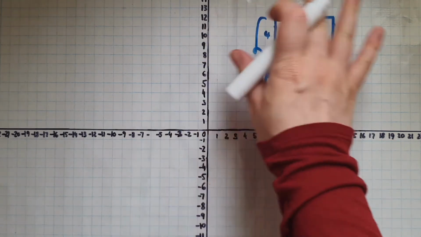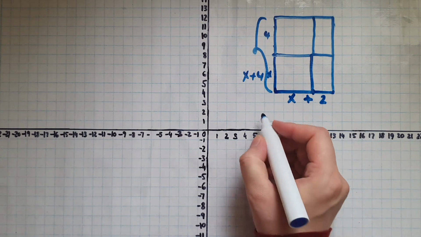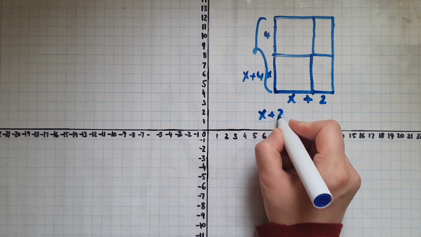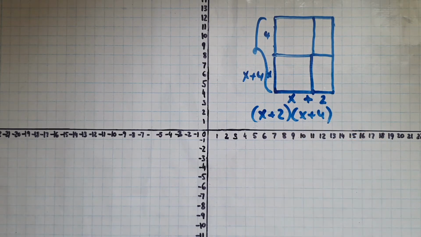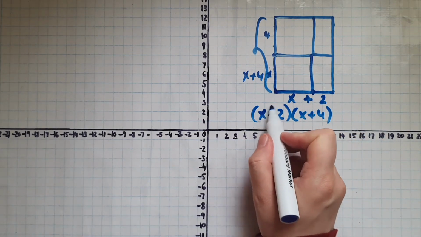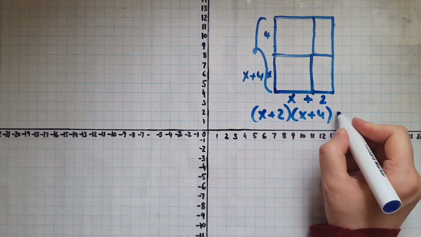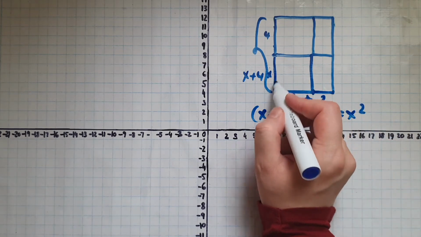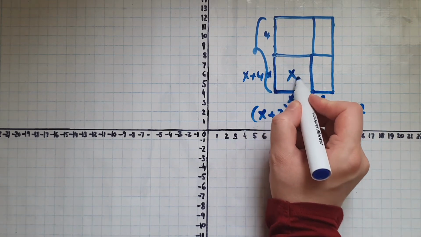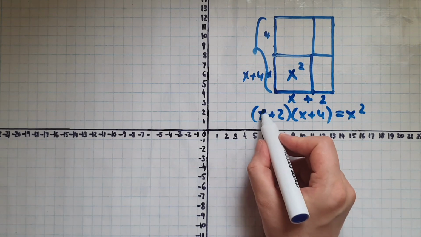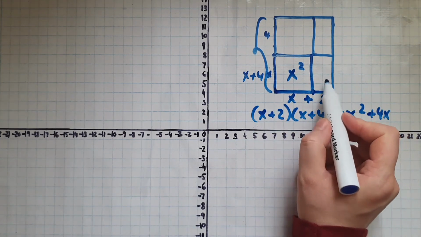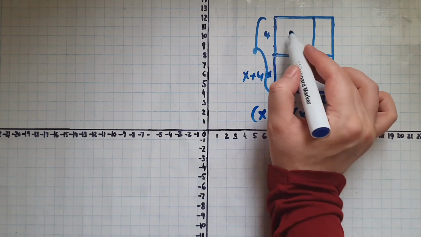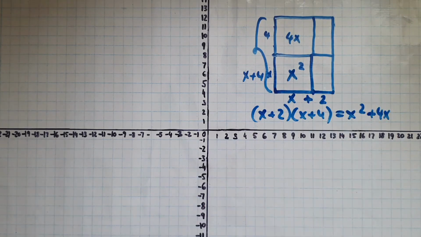So to work out the whole area, we'd go x plus 2 times x plus 4. That means multiplying x by x, which gives us x squared, and that's represented here. Then x times 4 gives us 4x. So there we have 4, there we have x, so 4x.